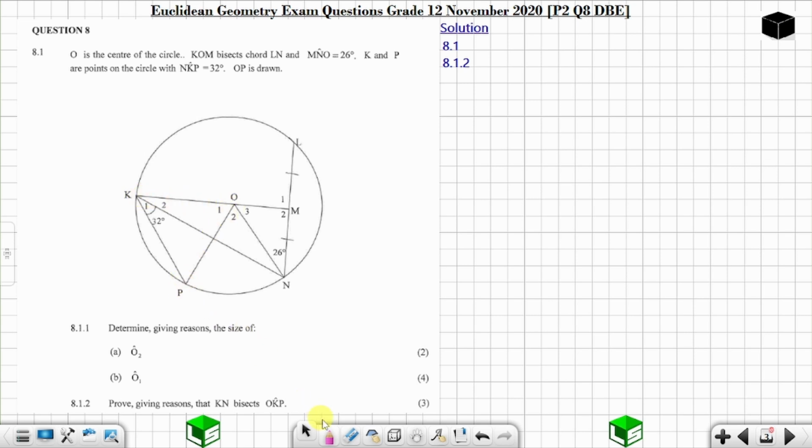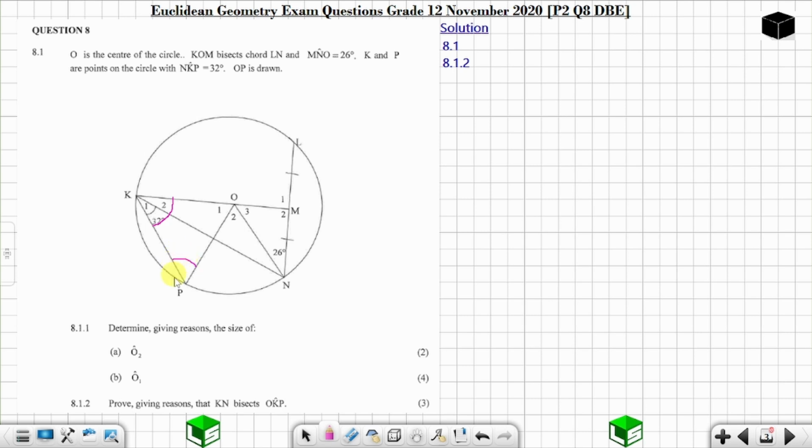So this angle is equal to this angle, because the two angles are opposite equal sides.